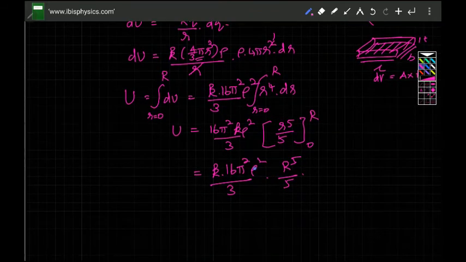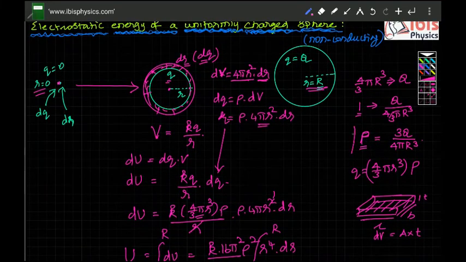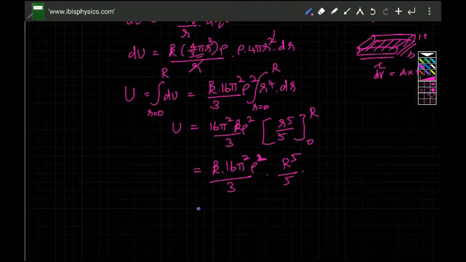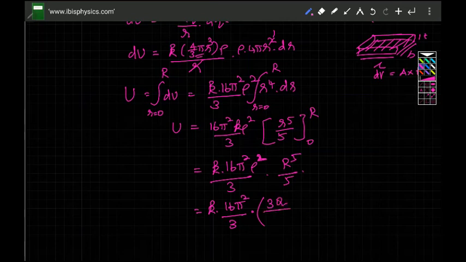Then you need to substitute the value of rho, because you know that rho is 3q divided by 4 pi r cube. So this is rho square. So it is k into 16 pi square by 3, and rho square is 3q by 4 pi r cube whole square, into r power 5 by 5.